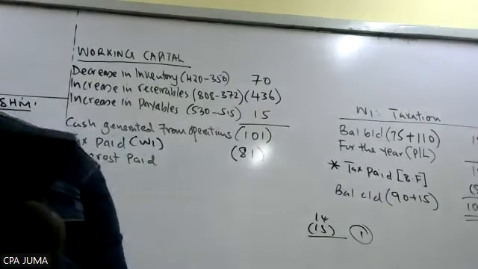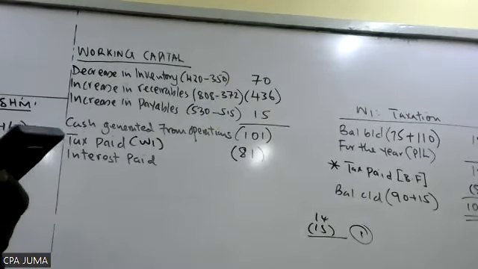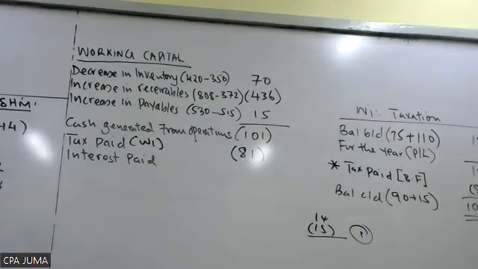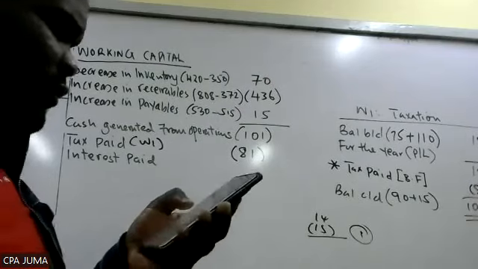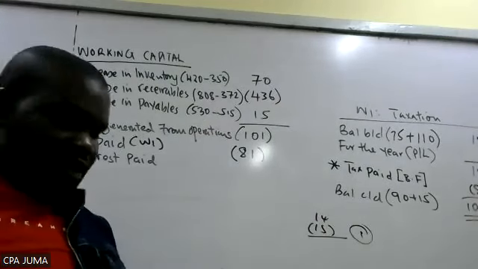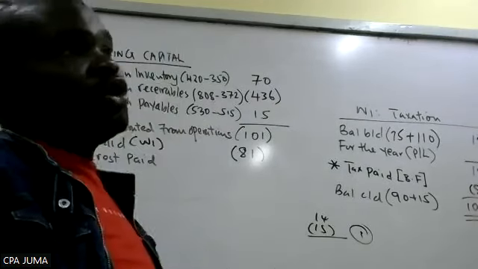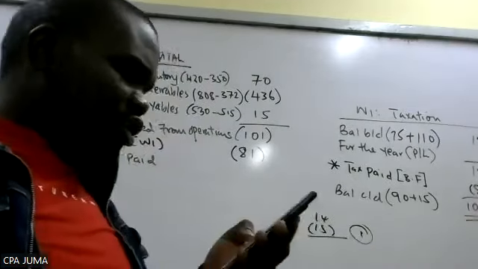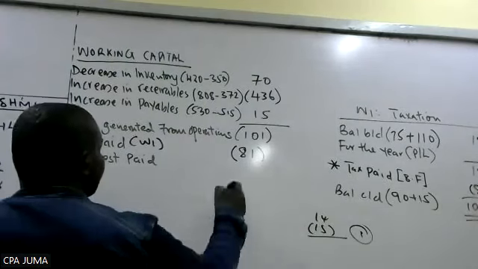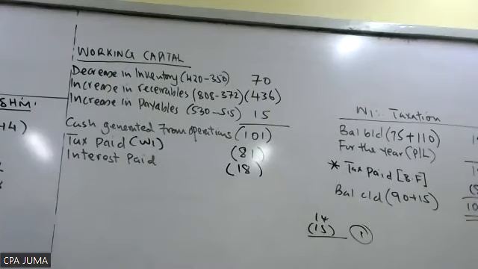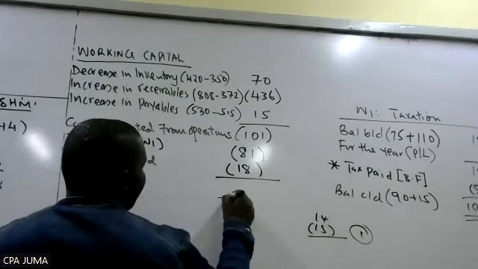They said finance costs are made of interest expense and penalty for early loan redemption. So what we need is the interest, not penalty. So penalty on loan, that one we are going to capture when we are dealing with the loan. So what we bring here is the interest, which is 18. So interest paid, we bring there 18. Meaning that cash flow, we are done with this.